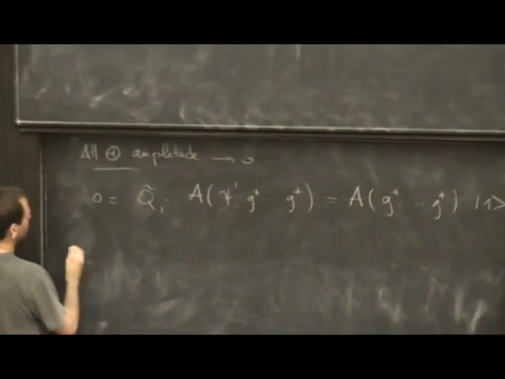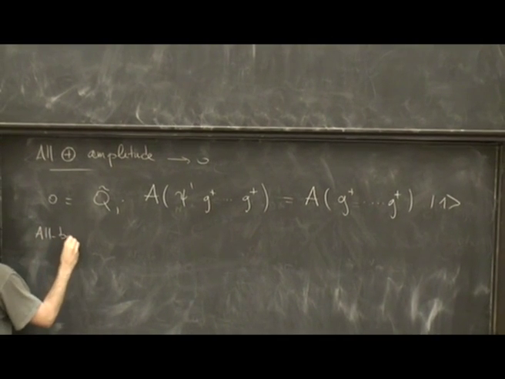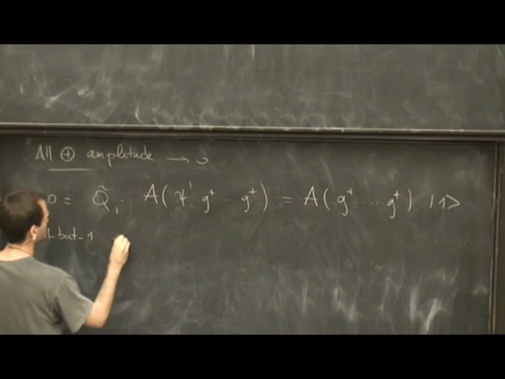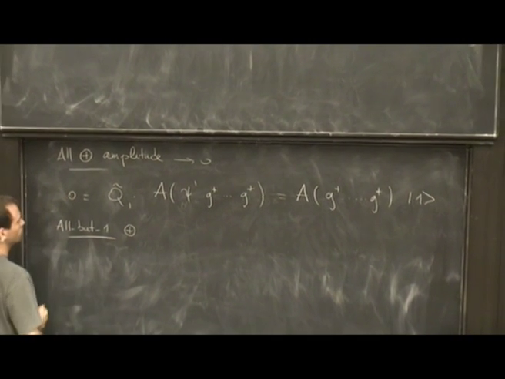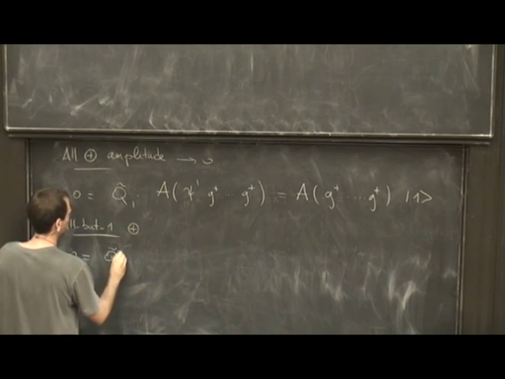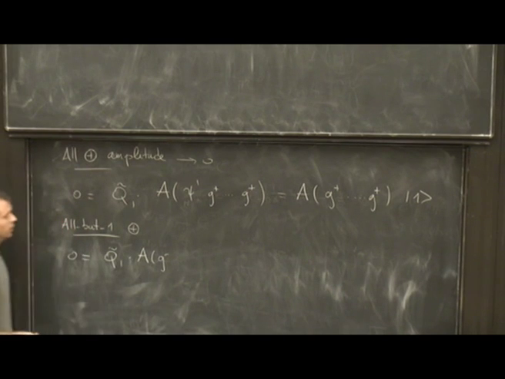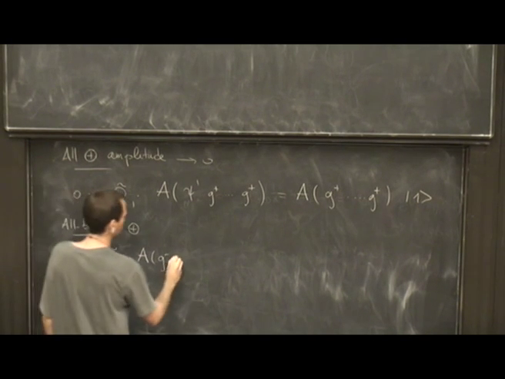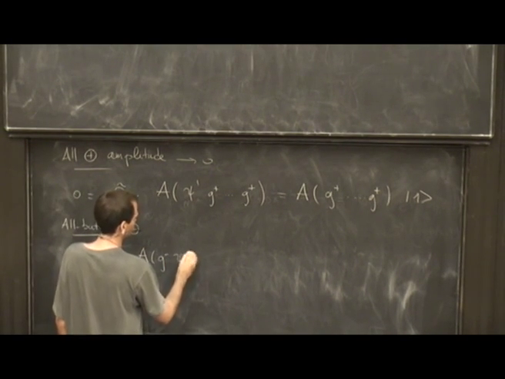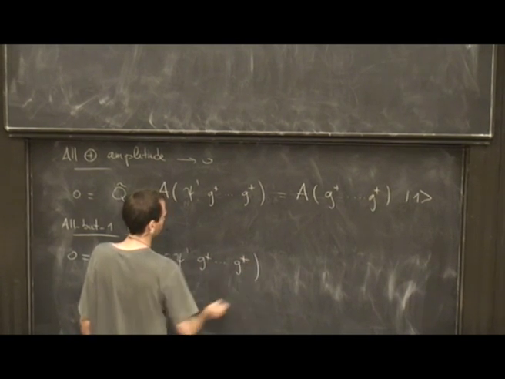It is no more difficult to consider the case where we have all but 1 plus. What we will do is that we will proceed similarly, but we will put a G minus at the beginning. Okay? And then we will put our psi 1, sorry, some G plus, some G plus.